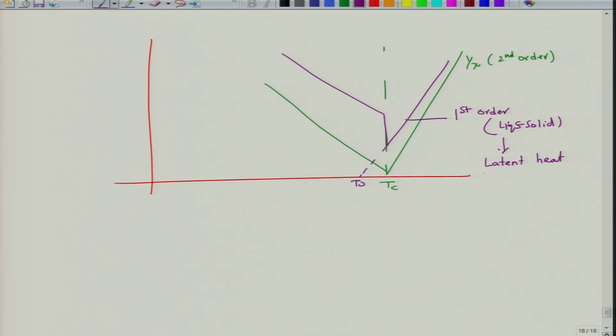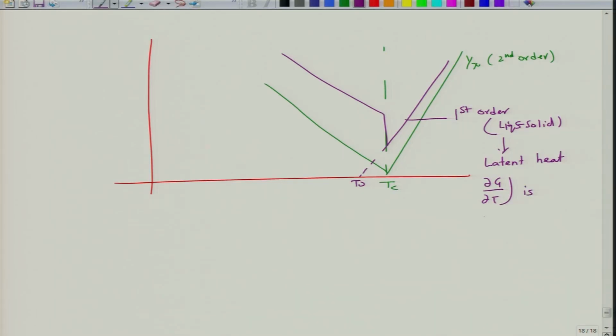Here in first order, the first derivative of free energy is discontinuous, whereas in second order it is the second derivative. So, here del G by del T is discontinuous, and in this case del 2 G by del T 2 is discontinuous. This is the classic difference between the first order and second order.